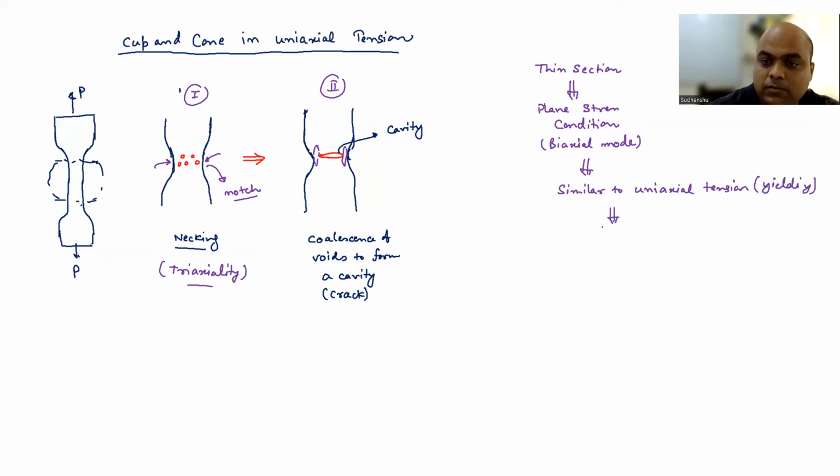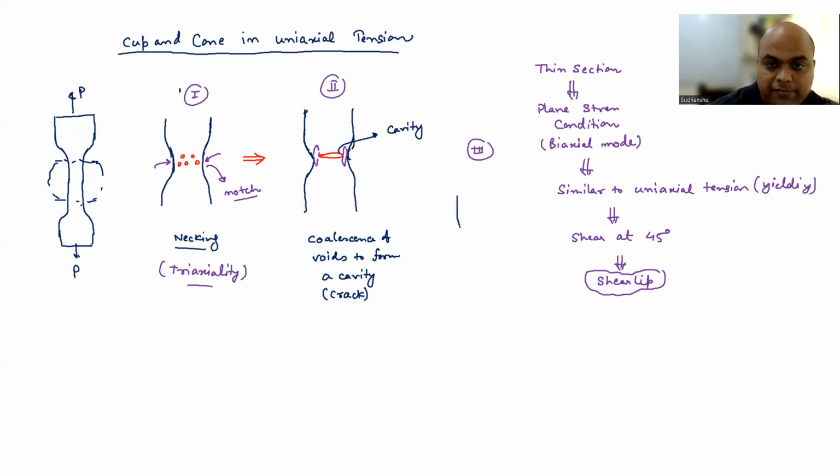So what will happen now? Shear is going to occur at 45 degrees, right? Remember, the maximum shear stress is at 45 degrees when you are in uniaxial tension, right? So you are going to observe shear at 45 degrees, and this will lead to the formation of a shear lip. So now we are at, say, stage 3, where you are going to form a shear lip at the end.